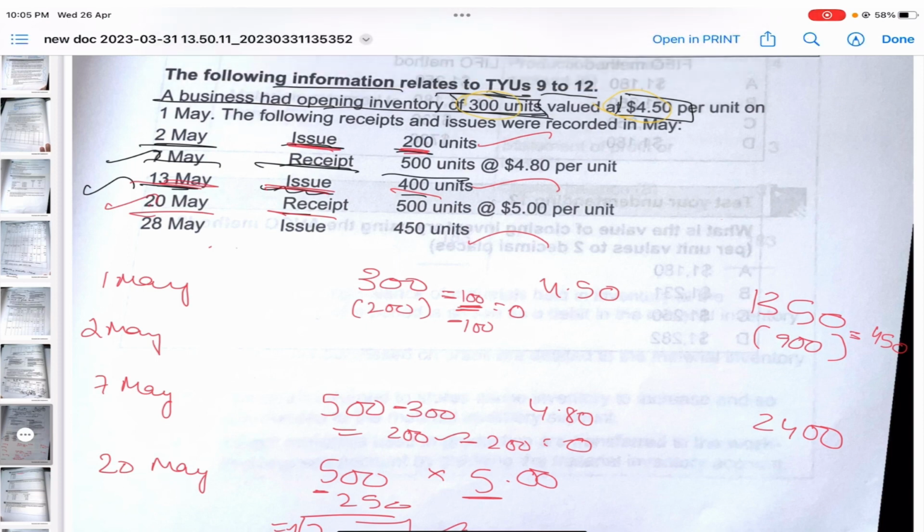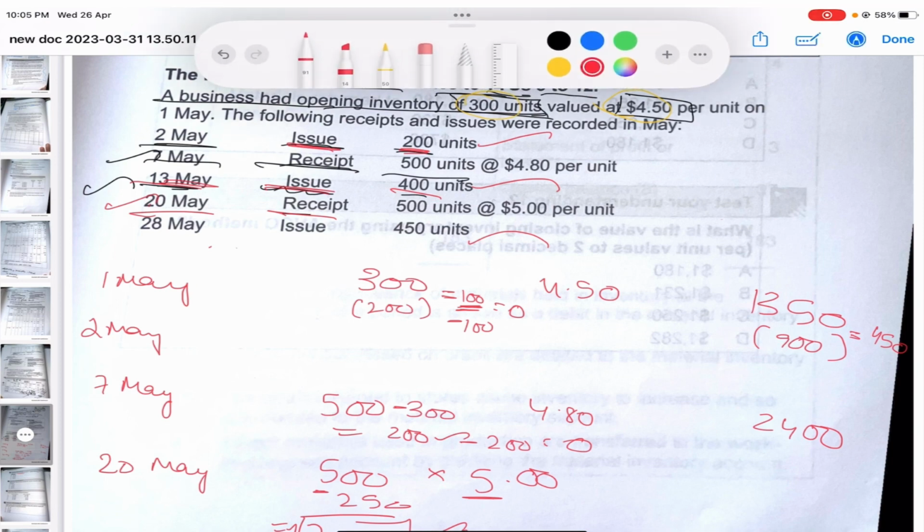So how am I going to do that? I'm going to look at the costs where I used. The initial 200 which I issued is going out from here, so that value would be 200 multiplied by the cost there, which is 4.50. The next issue of 400 was done from 7th May.